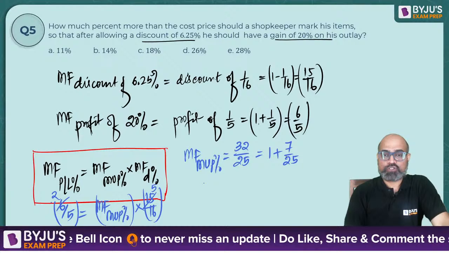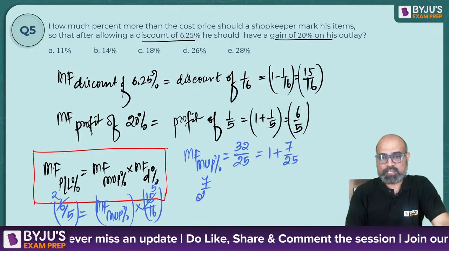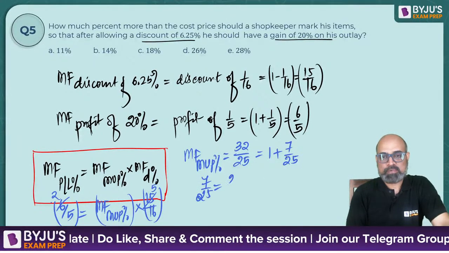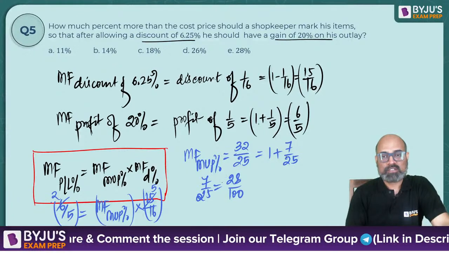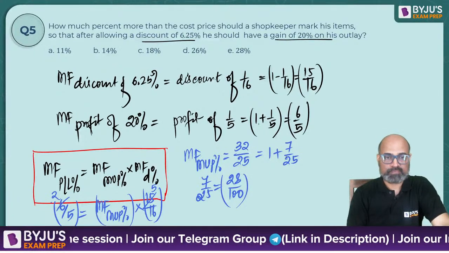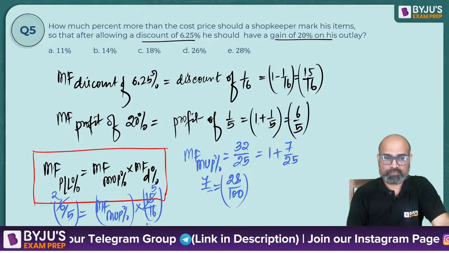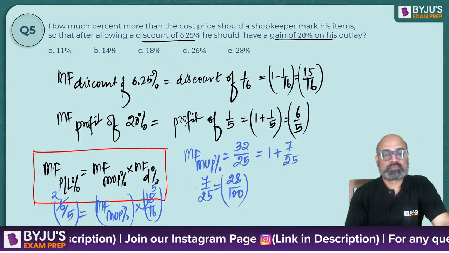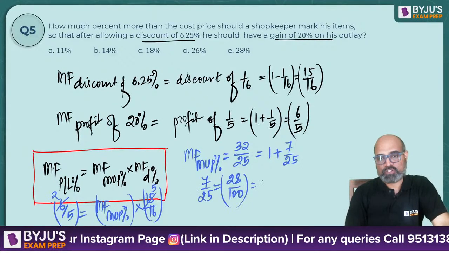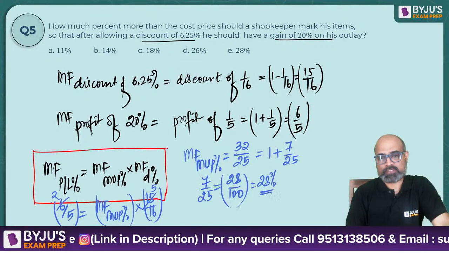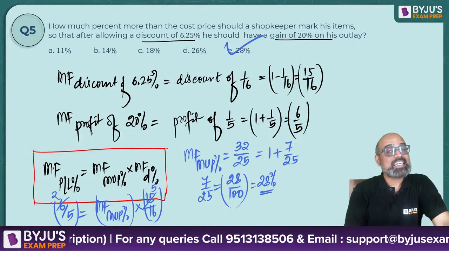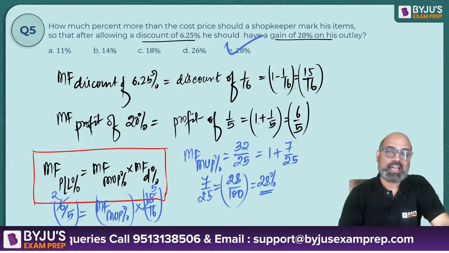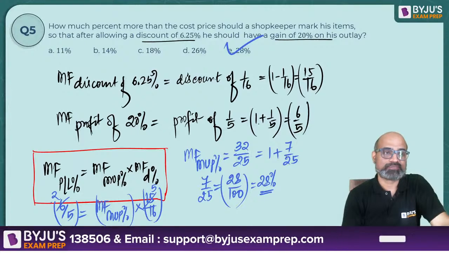So going by this, can we say 7/25 is same as 28/100? We made the denominator 100. So this is nothing but 28%. E is the answer, which most of you have answered correctly.